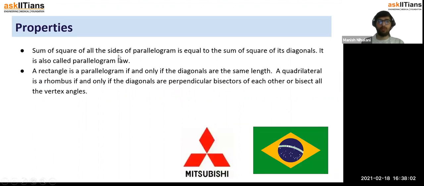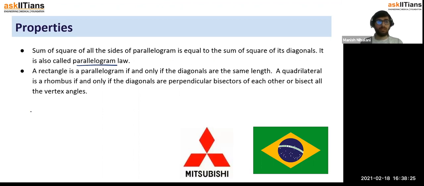So this is about parallelogram. Now there are some specific properties of parallelogram which you need to discuss in case of special parallelograms, that is a square and a rectangle. It says the sum of squares of all sides of a parallelogram is equal to the sum of squares of its diagonals. It is called the parallelogram law.